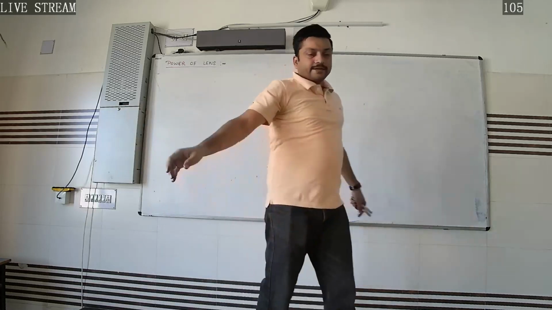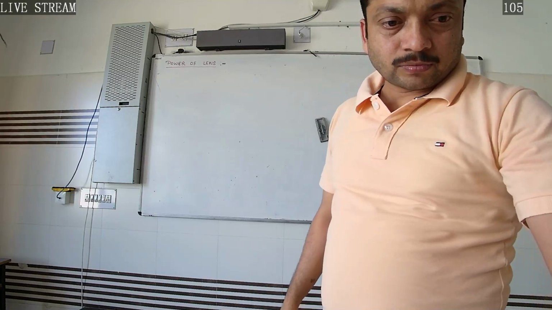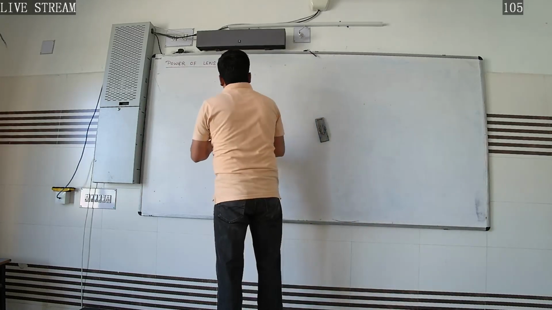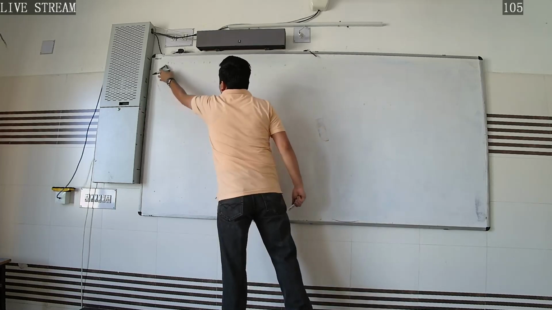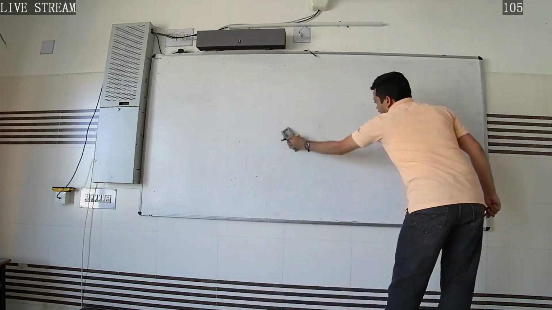So the question is like that: expression for the equivalent power of the lenses when they are lying at a distance small d, not capital D, small d.